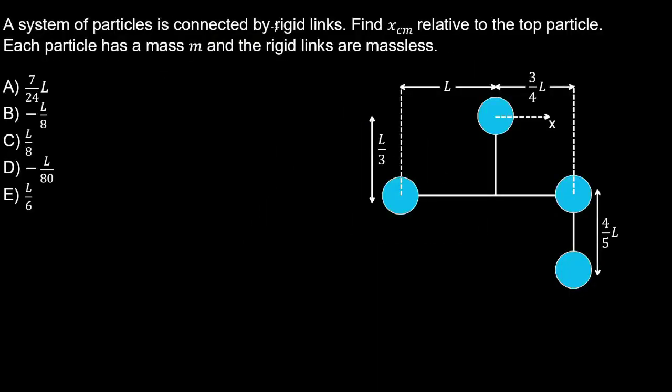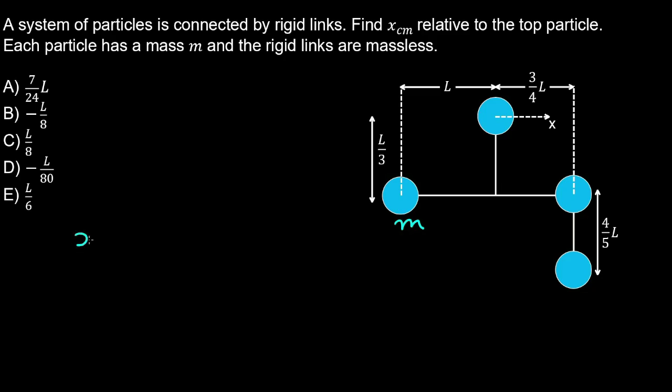A system of particles is connected by rigid links, and we're asked to find the center of mass in the horizontal direction relative to the top particle. And each particle has a mass m, and the rigid links are massless.